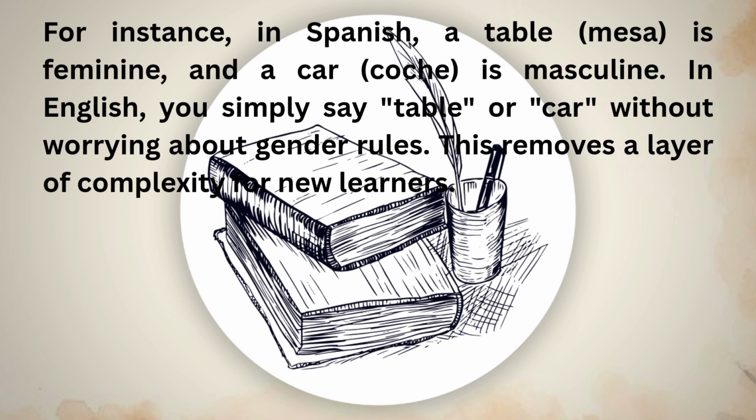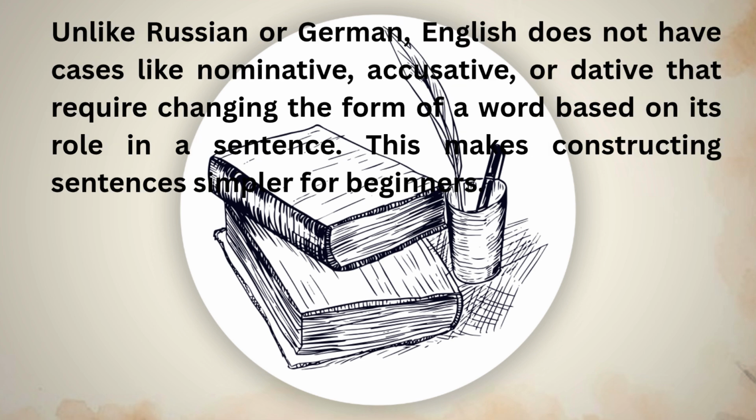This removes a layer of complexity for new learners. Unlike Russian or German, English does not have cases like nominative, accusative, or dative that require changing the form of a word based on its role in a sentence. This makes constructing sentences simpler for beginners.